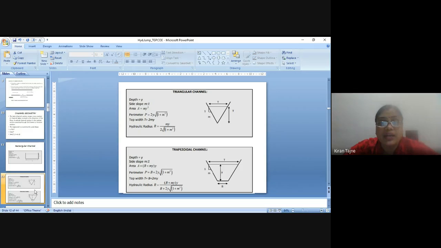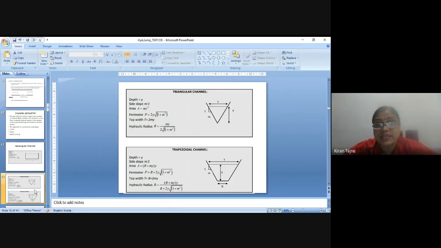So for triangular, R is equal to my by twice under root 1 plus m square, where m is the side slope. Side slope can also be denoted by small n. In trapezoidal section, P is equal to B plus twice y under root 1 plus m square. Top width is B plus 2my.